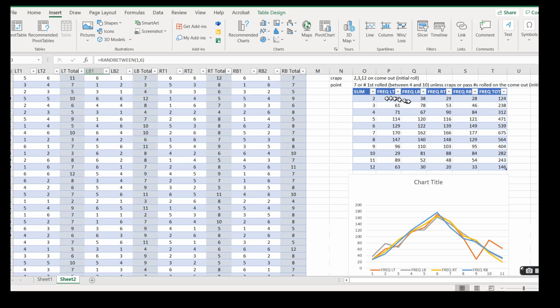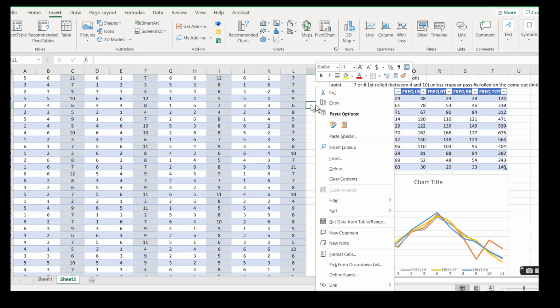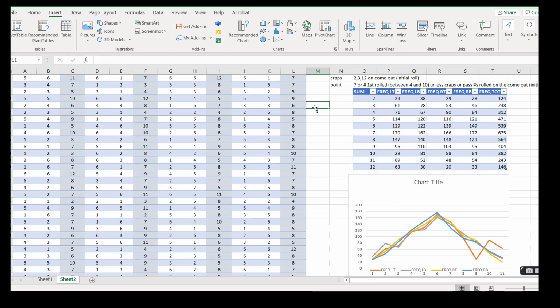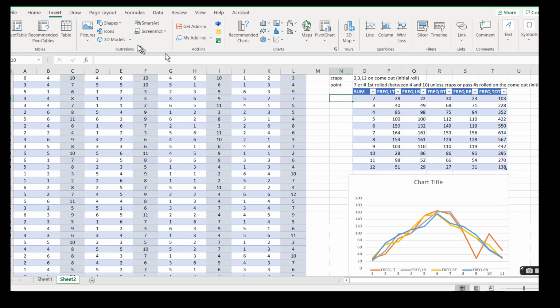What will you get? Notice that these are not even. And why would they not be even? Because there is only one way to get 2. It's 1 plus 1, right?